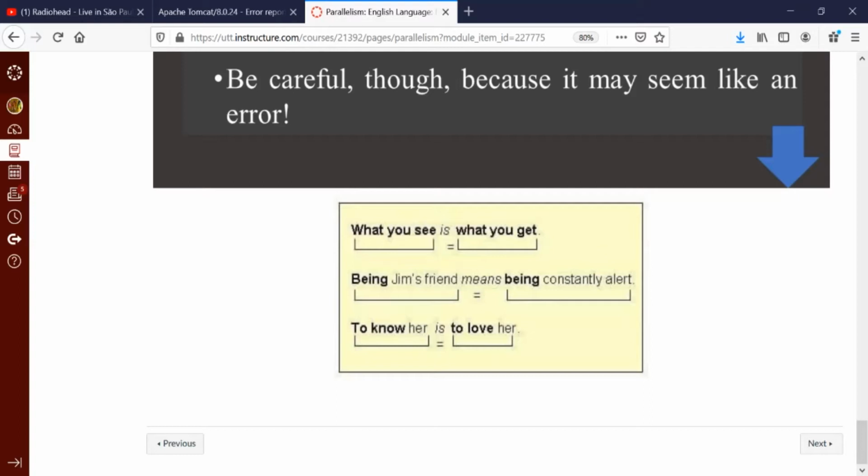And if we look at the other structure, we have gerund, being; constantly, adjective; alert, noun. And the third one, we use infinitive verbs. So to know her is to love her. So again, we have the infinitive verb to know, and the object form of a personal pronoun, her.